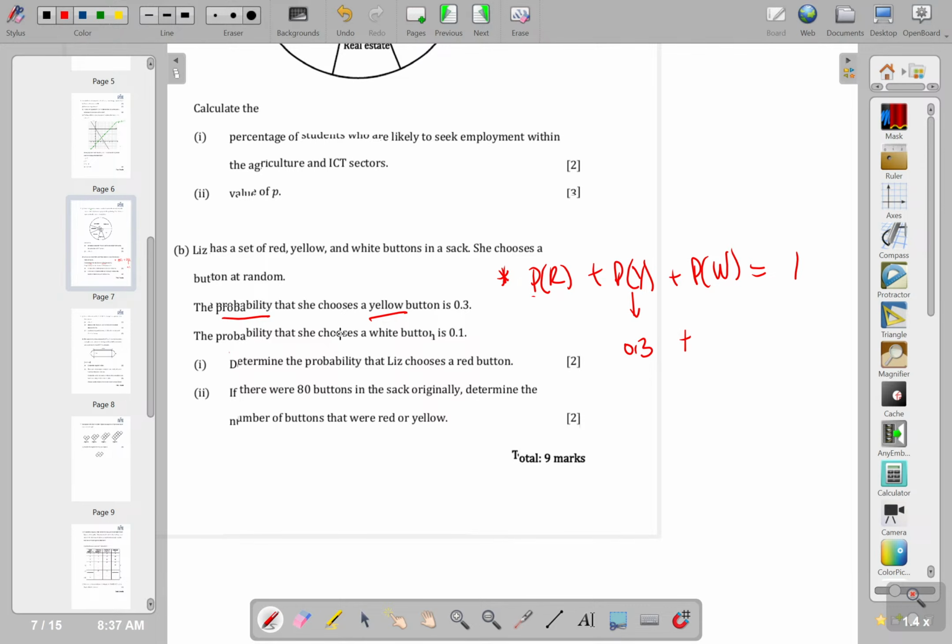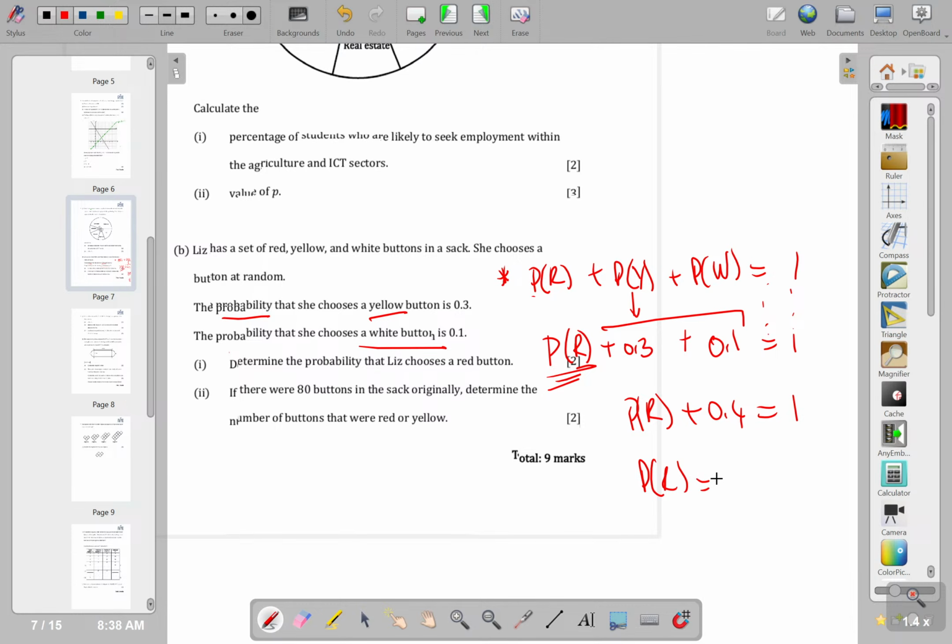They gave me the chance that she gets a white, that's 0.1. That will help me solve the probability she gets a red. So probability she gets a red plus 0.4, because these are numbers, they can combine. That's it. So probability she gets a red is going to equal 1 minus 0.4. Probability she gets a red is 0.6.